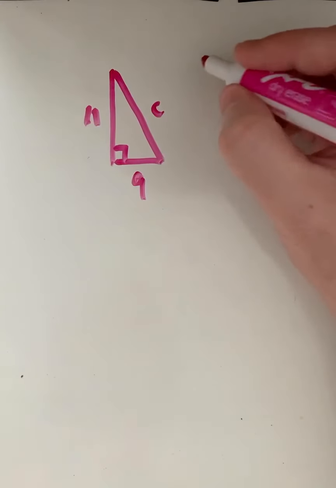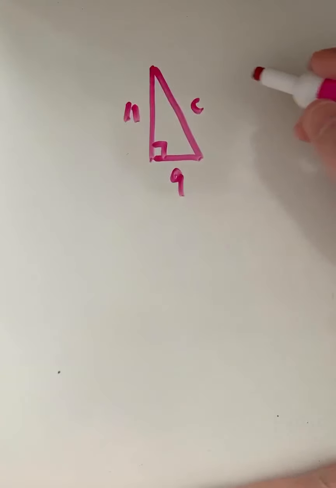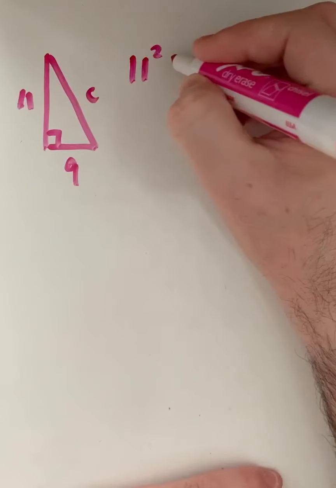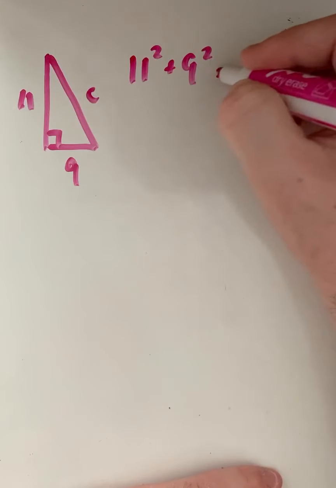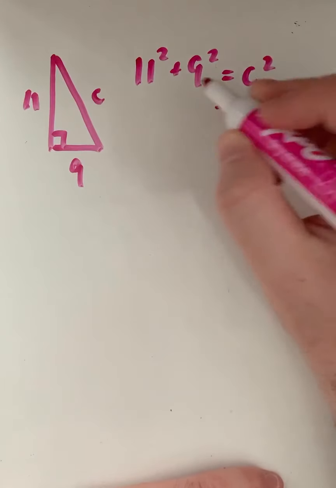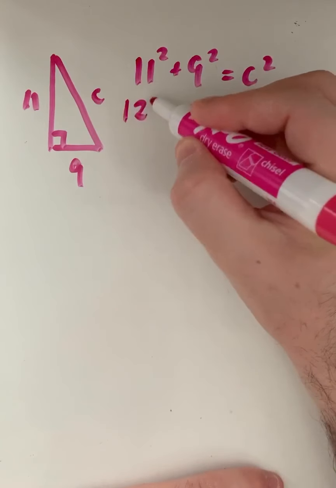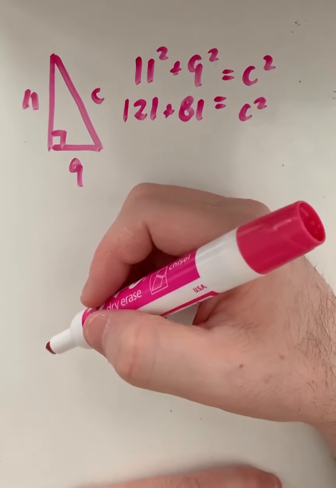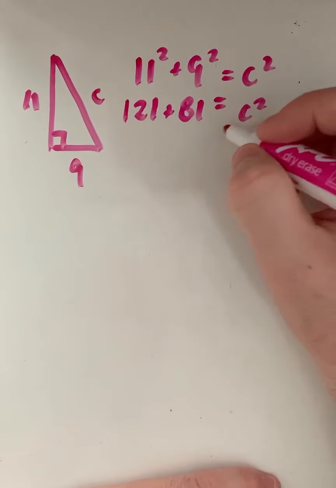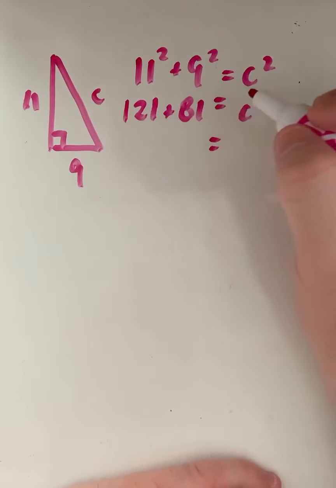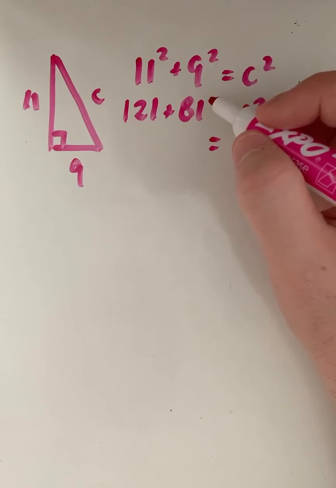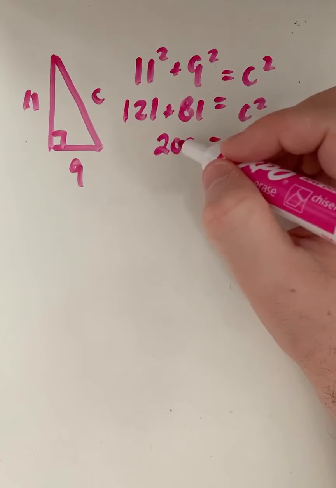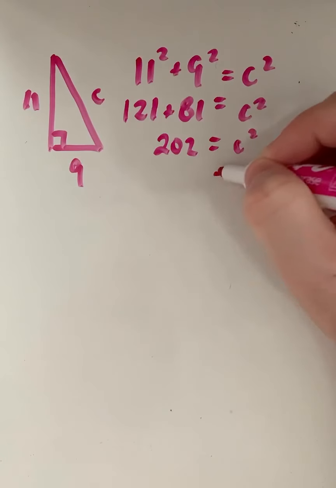For time's sake, 11 squared plus 9 squared equals c squared. So 121 plus 81 equals c squared. We add these up, 121 and 81, it's 202, equals c squared.